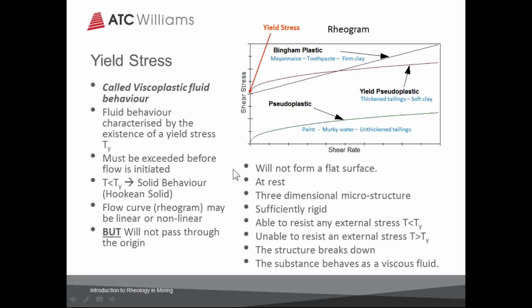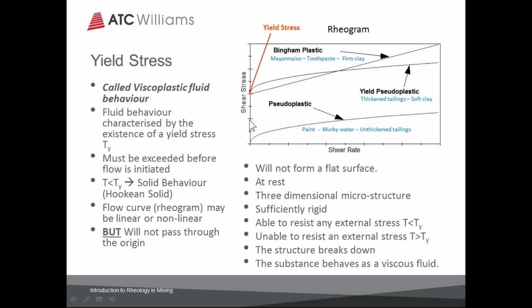And just to remind you, it will not form a flat surface because we have some three-dimensional microstructure which gives it some rigidity, provided that we have stress applied lower than the yield stress.